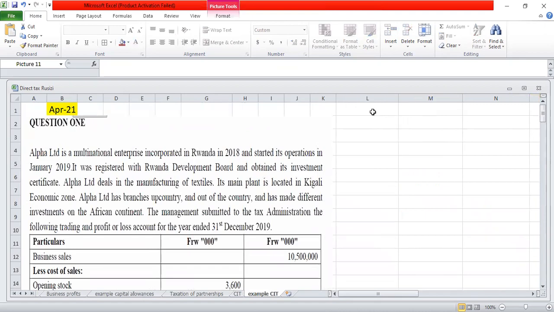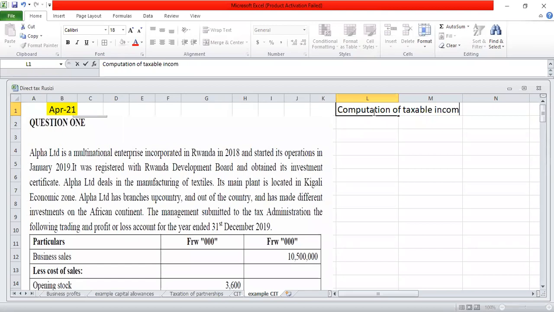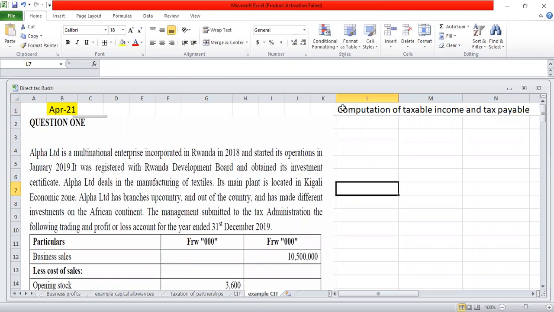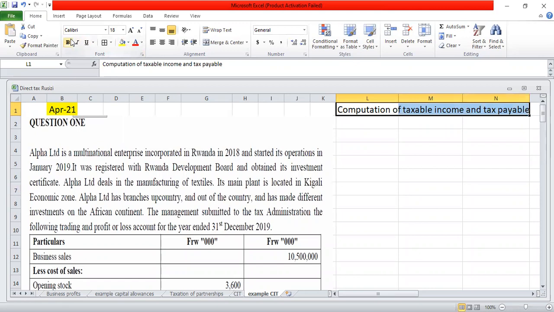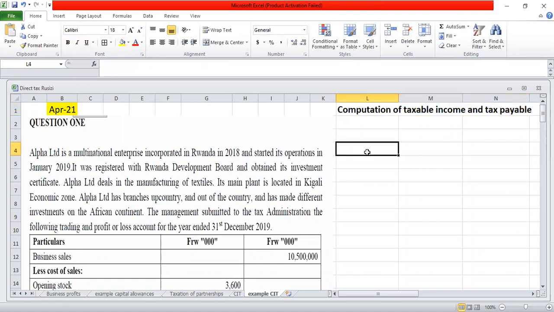So we are computing the computation of taxable income and tax payable for Alpha. So as we said, we are beginning with our profit before tax. That's the beginning part.